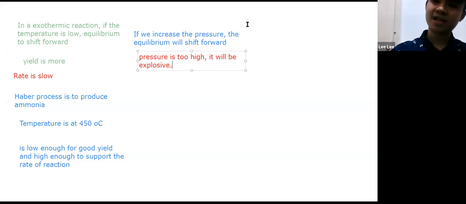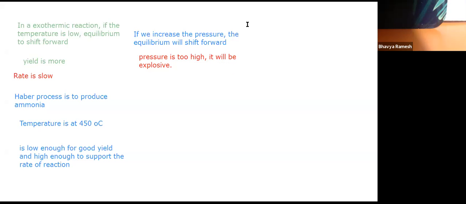So even though you want the pressure to be high for a good yield, can you keep on raising the pressure, making it higher and higher? No, it will explode.